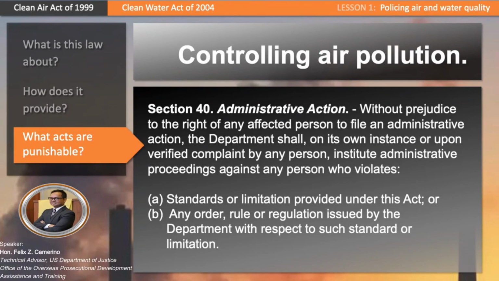So essentially, as it relates to these standards and limitations, if there are any issuances, namely an order, a rule, or a regulation that is issued by the Department of Environment and Natural Resources, then you'd have to refer to those issuances.